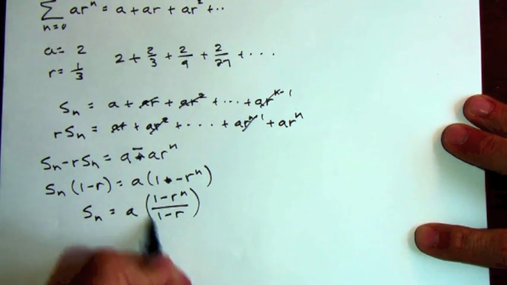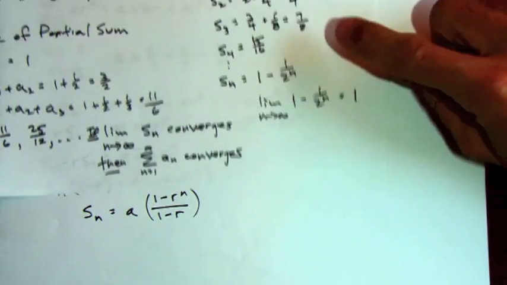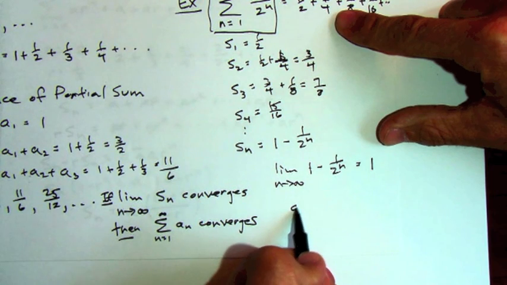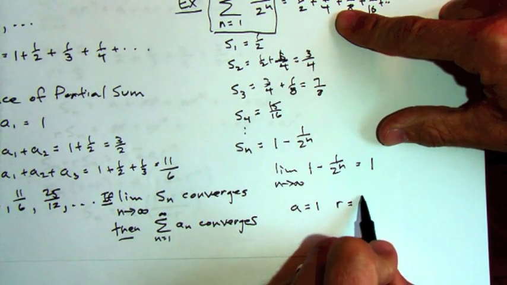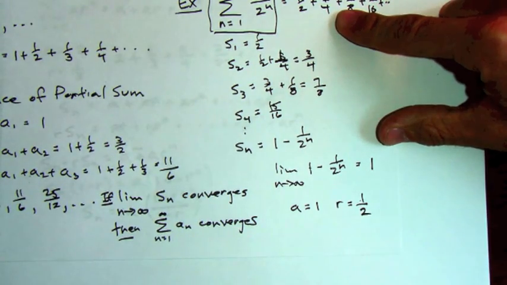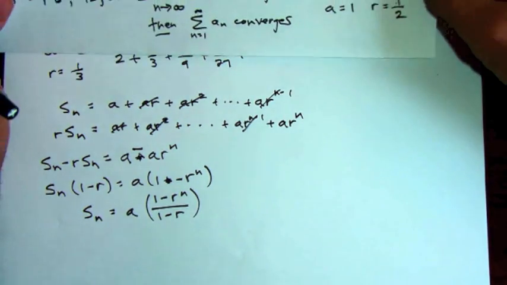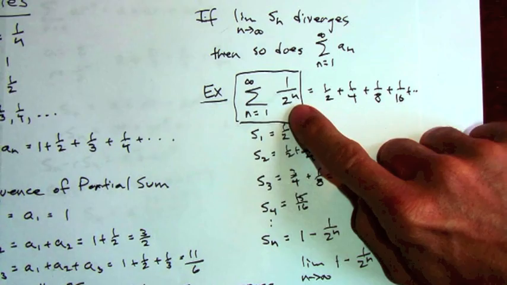So first, that's a convenient way to be able to write the nth partial sum. So for example, we could see here with this particular one, a was 1, and r was 1/2. Now the difference is this starts at 1, and this one starts at 0. But really, if n was 0, that would just add 1, because 2 to the 0 is 1.